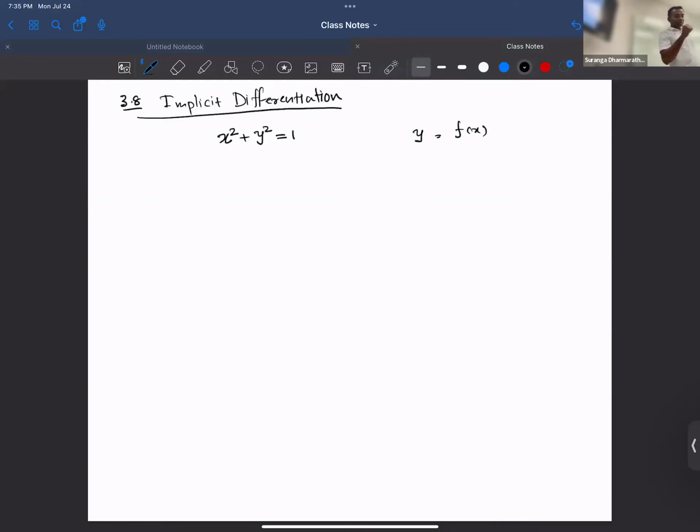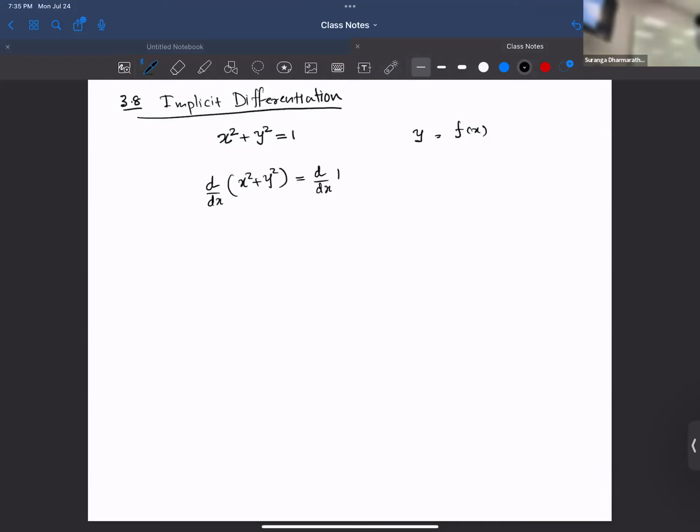Now, if we want to do that, we just find d over dx of x squared plus y squared and d over dx of 1. Whatever you do for the right hand side, you have to do with the left hand side, right?